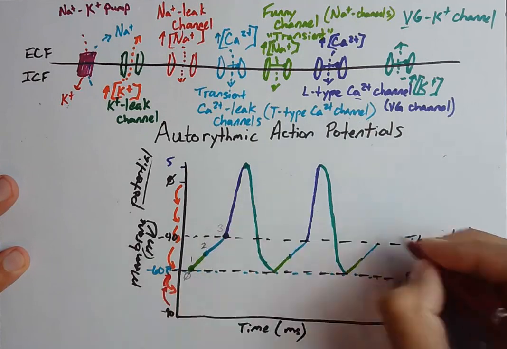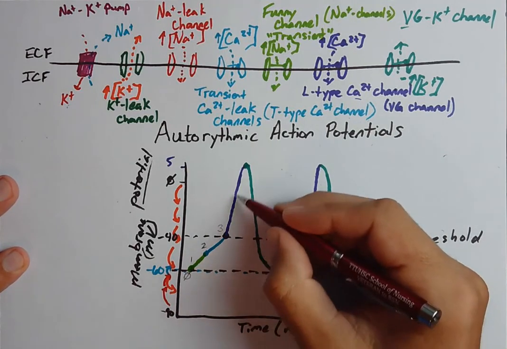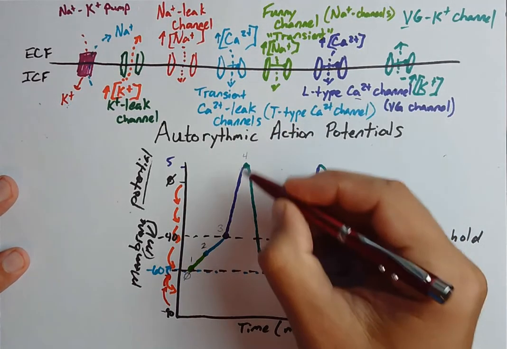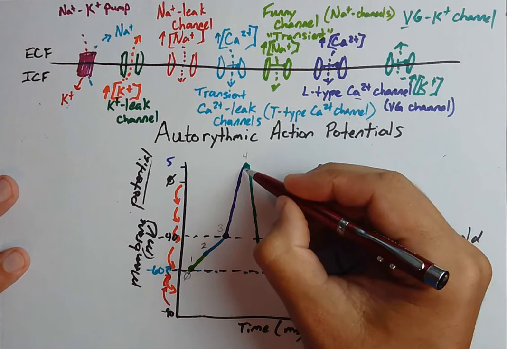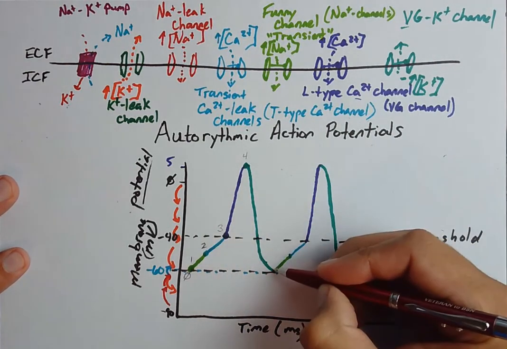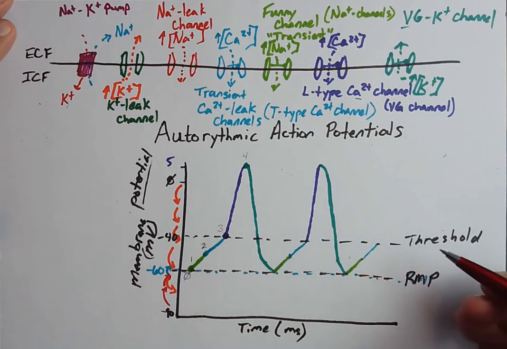Step 3 is when we reach threshold, closing the T-type calcium channels and opening the L-type calcium channels. Step 4 is at the peak, where the L-type calcium channels close and the voltage-gated potassium channels open and come back down. So not too many steps going on here, and they just repeat themselves over and over.